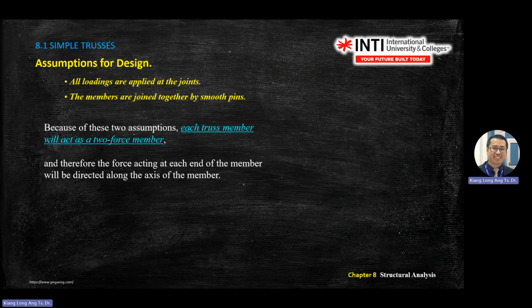Remember there is a tutorial question in the previous chapter, with a two force member in an L shape, where you do the analysis by converting it like this. If you haven't read the tutorial, make sure you go and read it today.